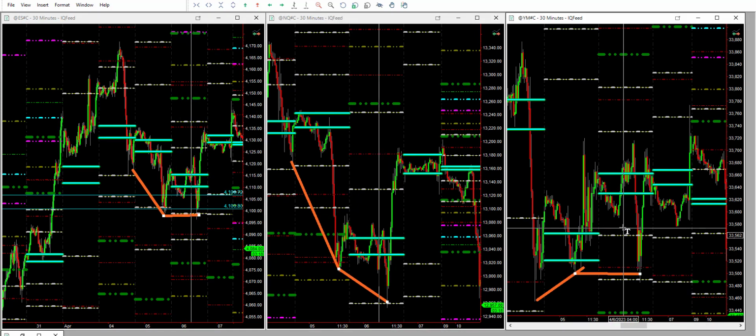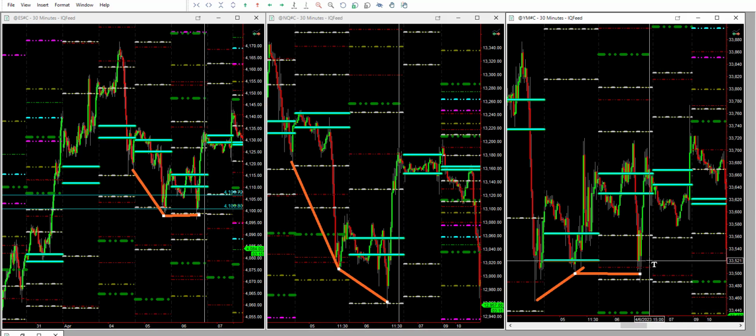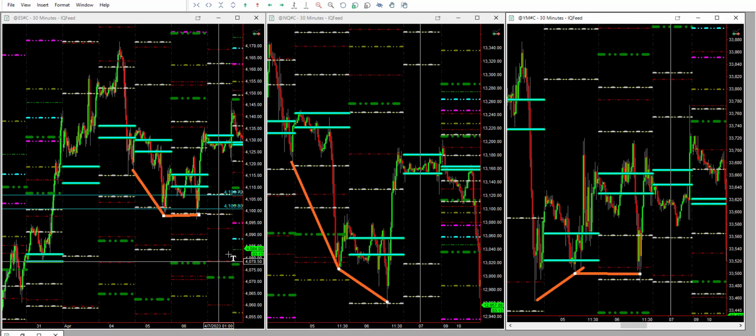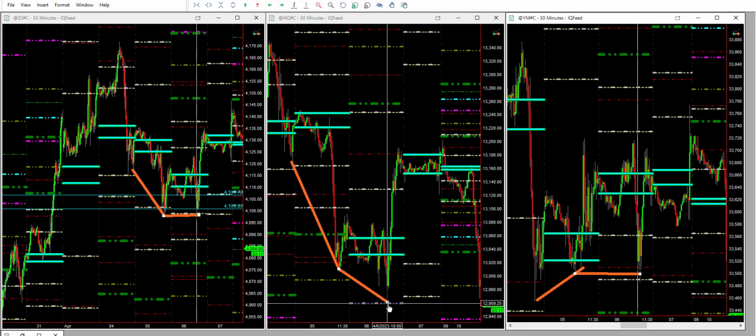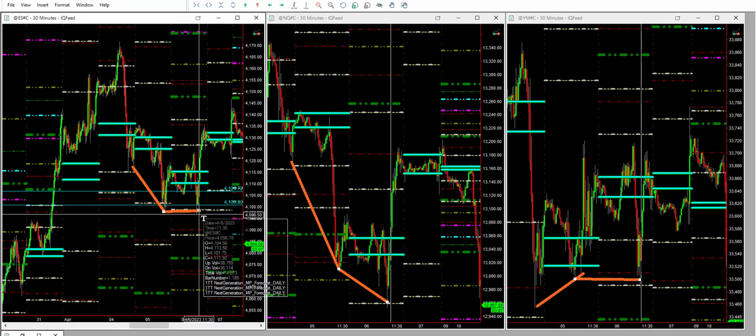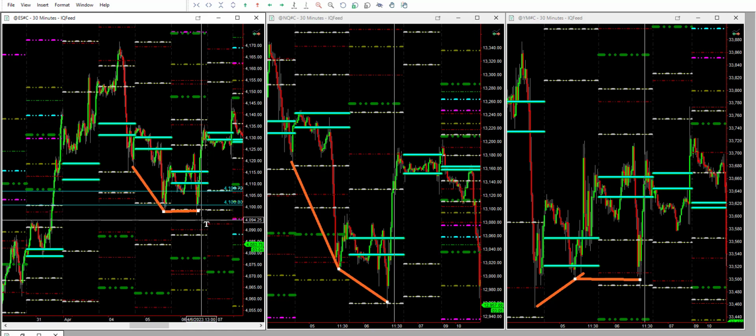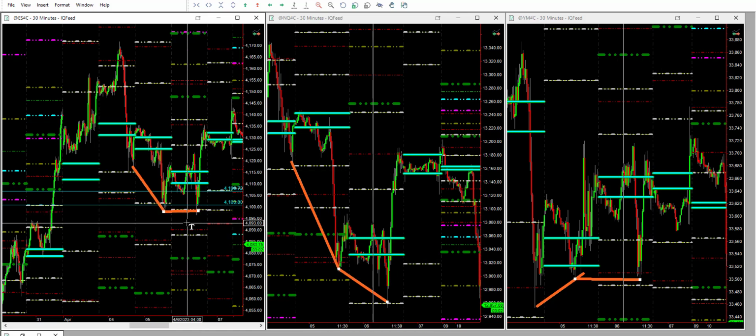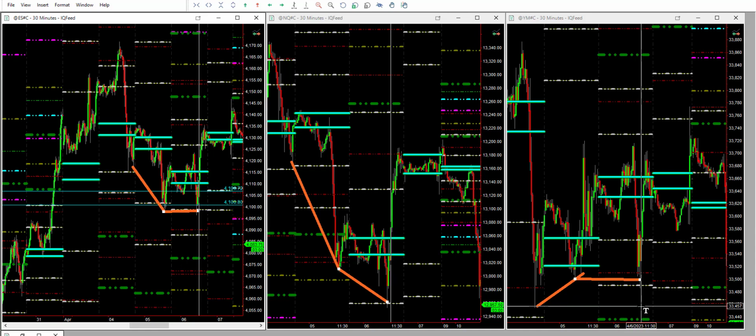Now, futures will also tie up with QQQ and SPY as well. So here you can see NQ, sorry, NQ made a lower low, but ES and YM did not.